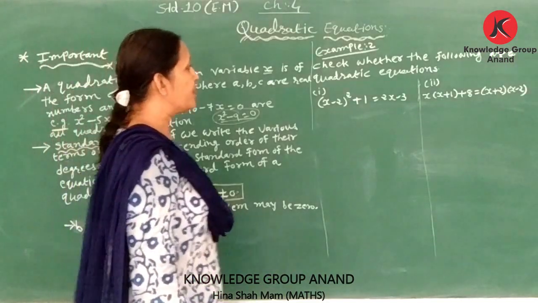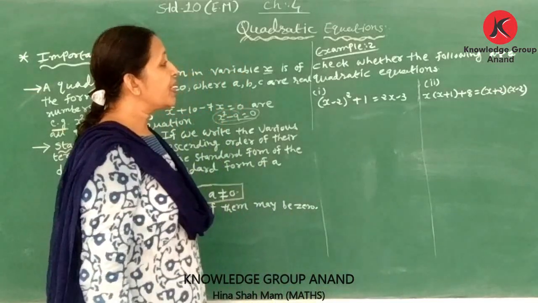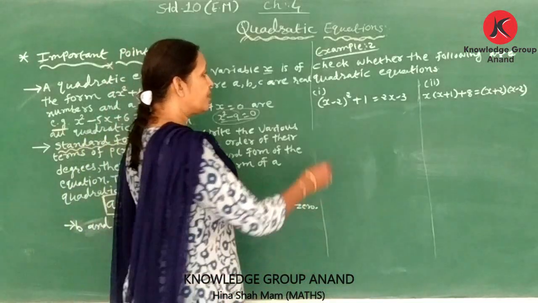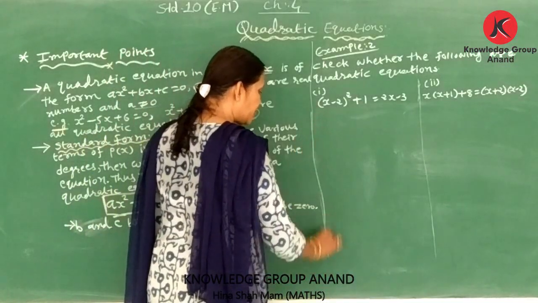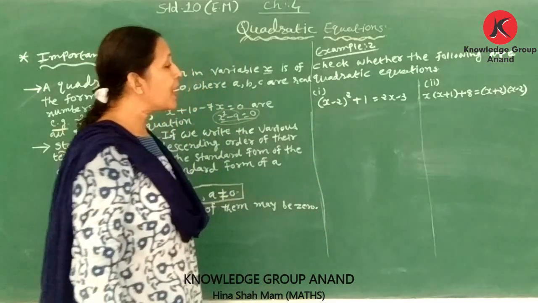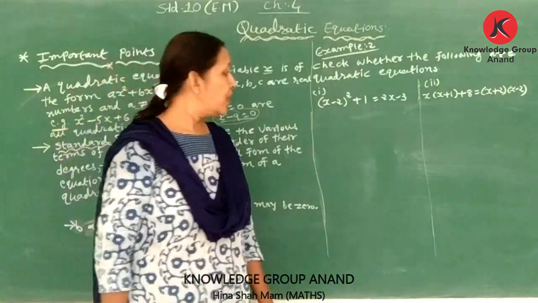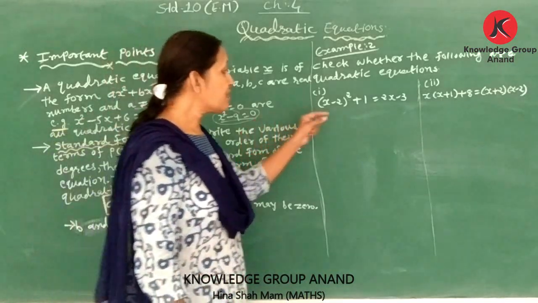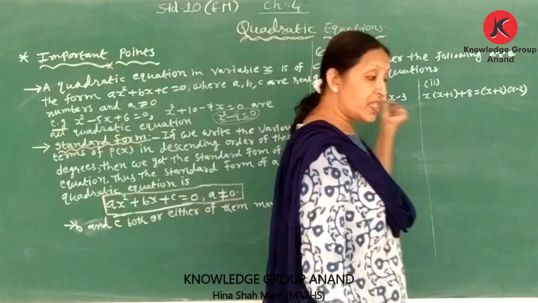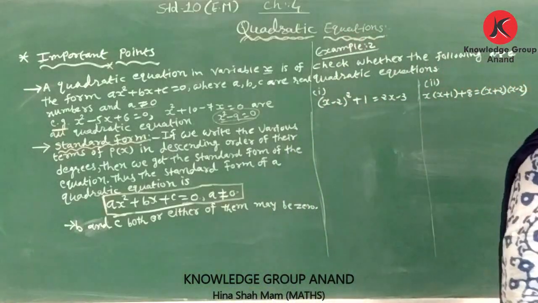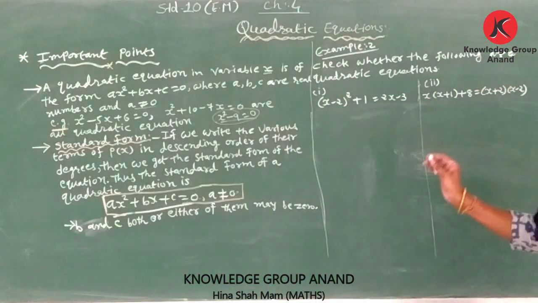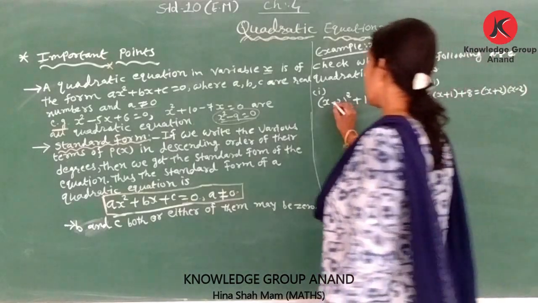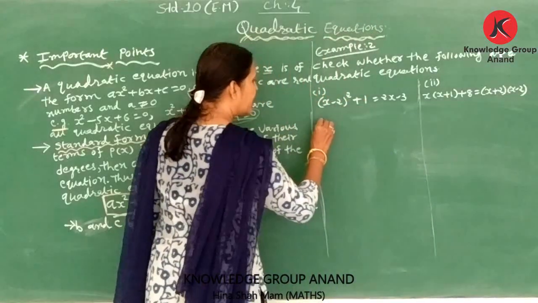Okay? Example number 2. Check whether the following are quadratic equations. Number 1: (x minus 2) whole square plus 1 is equal to 2x minus 3. In this question, we do not say directly whether it is quadratic or not, but first we simplify it. Here the first term is (x minus 2) square.